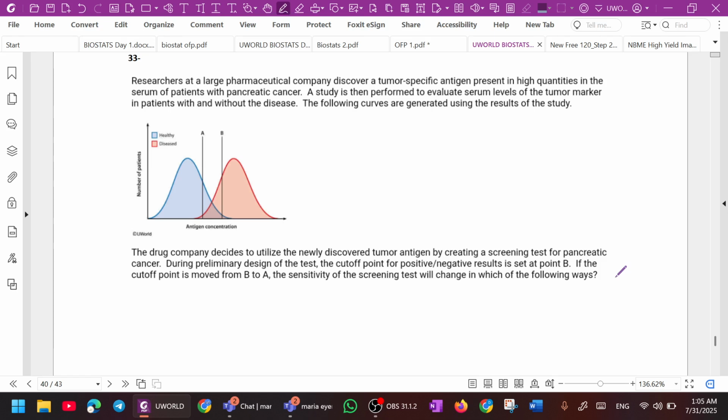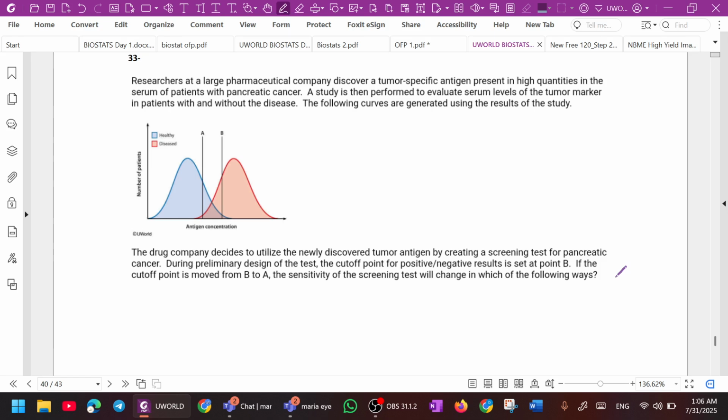In the disease, write true positive. The bigger disease one. True positive. This is diseased, yes, it is true positive, and the healthy is true negative. Then the false negative, in the healthy, near to A here.